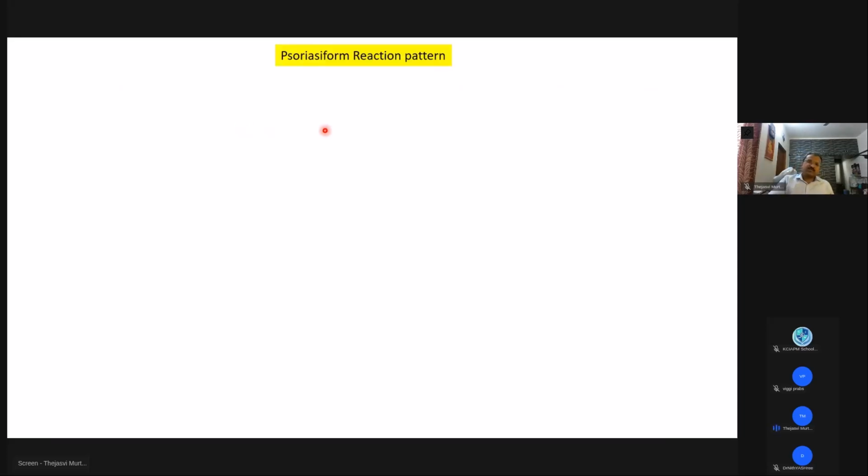Now coming on to the psoriasiform reaction pattern, this is a little simpler, and the entities are fewer. New terminologies can be seen here, regular and irregular. You have to concentrate on whether the psoriasiform reaction pattern or epidermal hyperplasia is regular or irregular.